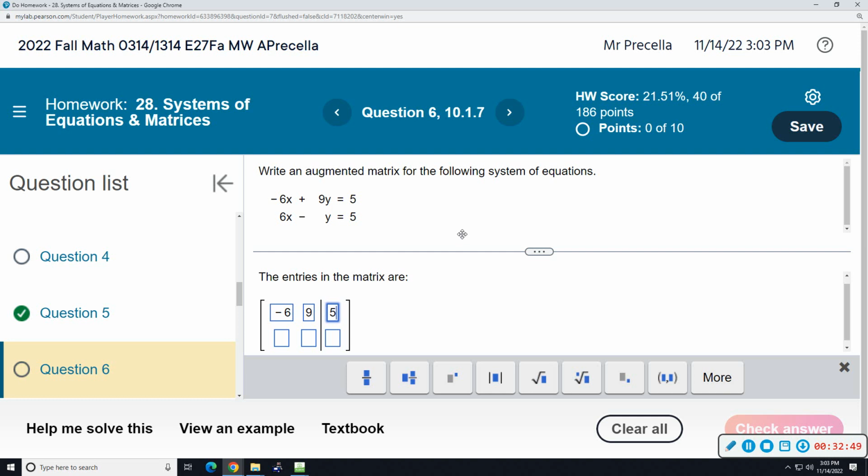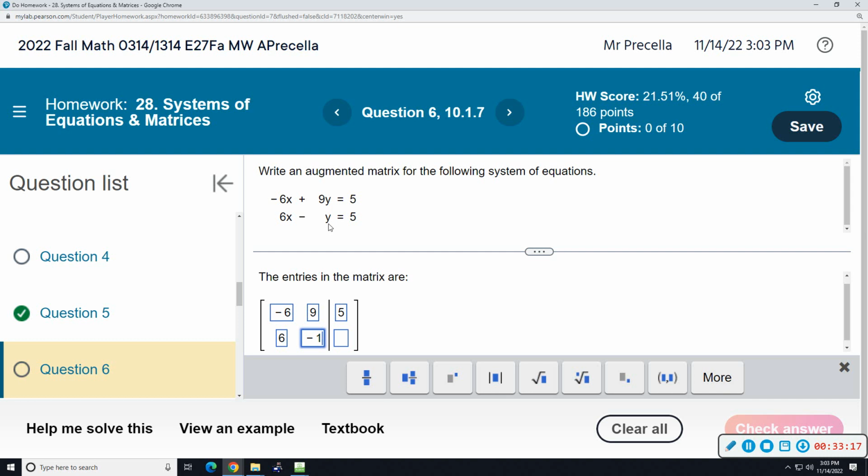The second row of the matrix starts with a 6. Then you move over. Be careful. If you don't see a number in front of the y, there's a negative what? 1. Okay? That's the tricky part about this particular problem. Make sure you write -1.